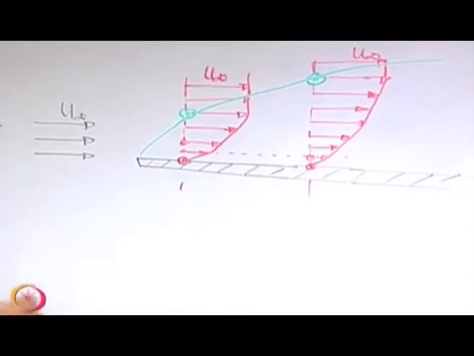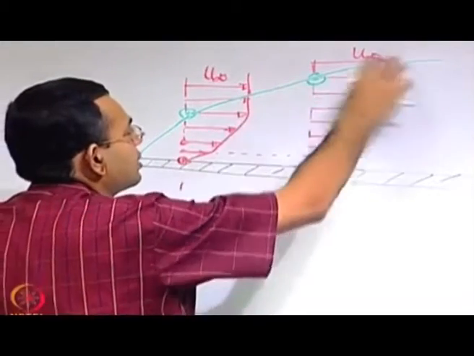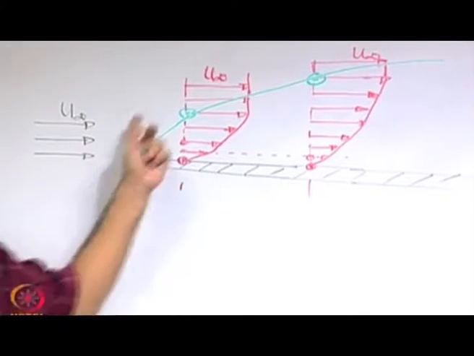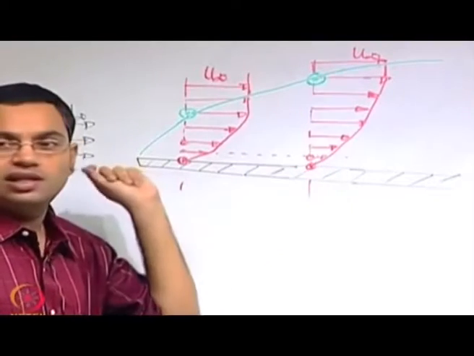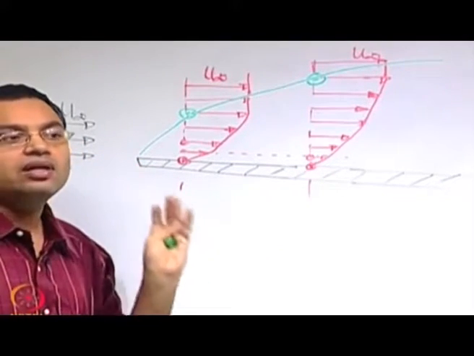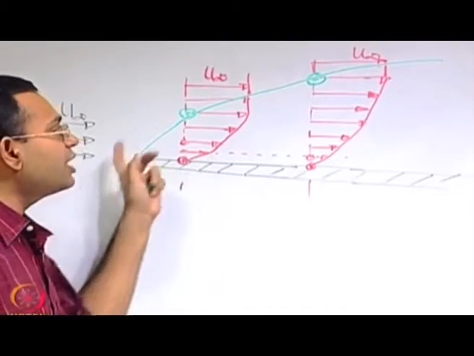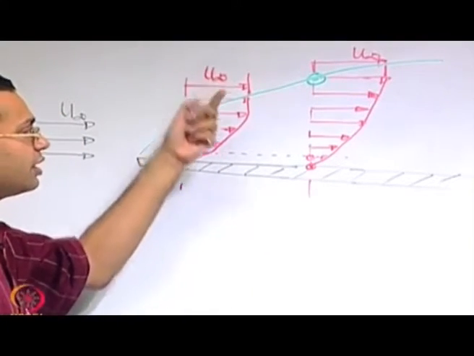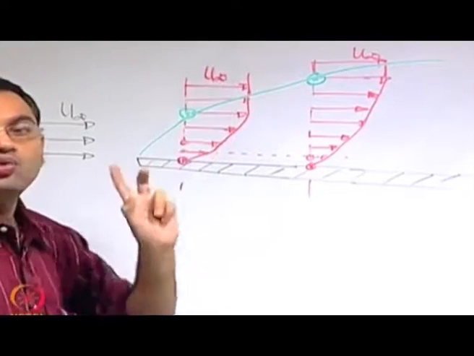So, if you draw the locus of such points, this gives an imaginary line. This line is not something which exists in the flow field, it is just for our conceptualization that we have such a demarcating boundary. So, this demarcating boundary demarcates the flow domain into two parts.